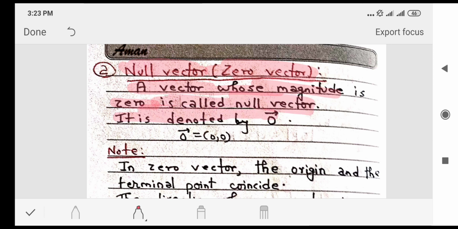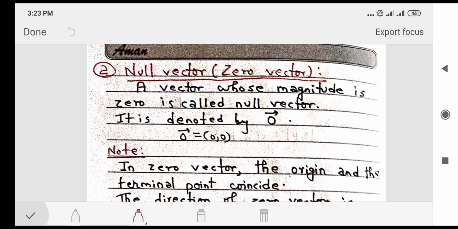It is denoted by 0 vector, and 0 vector is equal to 0 comma 0. It is a null vector. It is a plane vector. Also you can find null vector in 3-dimensional space also. That will be vector o is equal to 0 comma 0 comma 0. Okay, that will be null vector in 3-dimensional space.